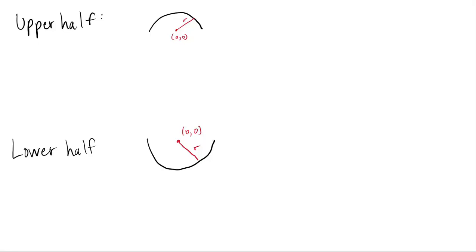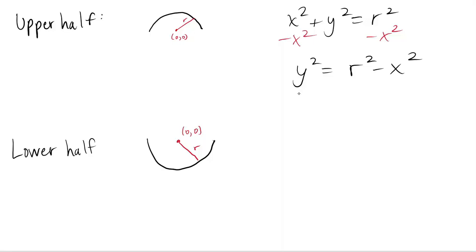The equation of our circle was x squared plus y squared equals r squared. We're going to solve this for y. So first we would subtract x squared from both sides, and we get y squared equals r squared minus x squared. And now to turn this into a y, we take the square root.